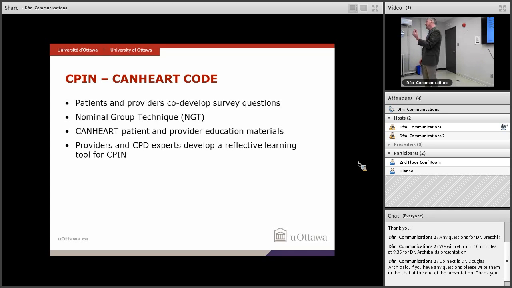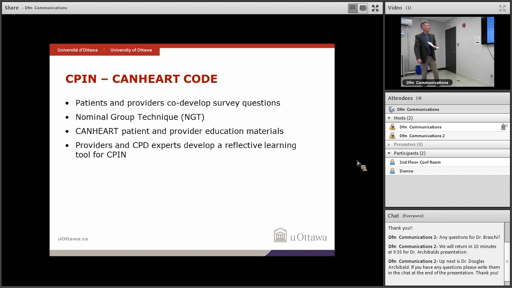In between, we bring in the literature, what's already been done. So this article that Emily mentioned in her study, we'll actually look at those questions. These are patient engagement type questions. We'll see if we want to include any of those, or whether they have been repeated or not.